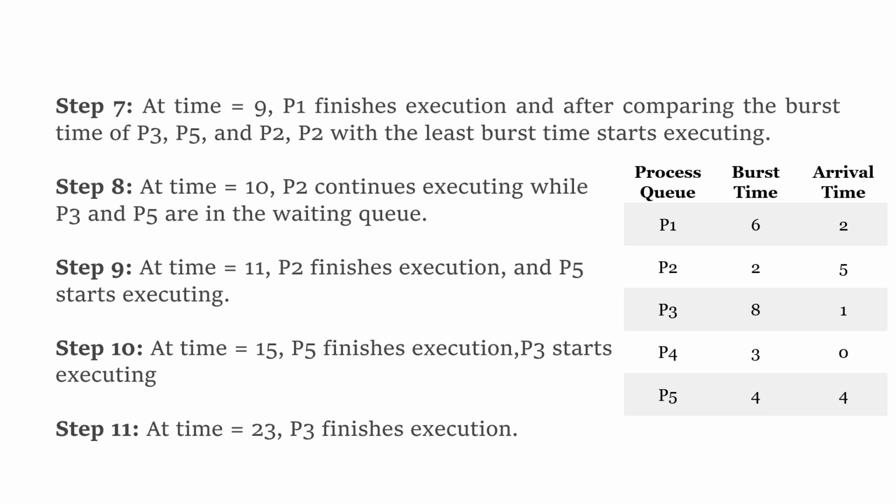At time 11, P2 finishes execution and P5 starts executing. P5 has a burst time of 4, so from 11 to 15 it executes and then finishes. Then P3 starts executing. Since it has a burst time of 8, at time 23 it finishes its execution.